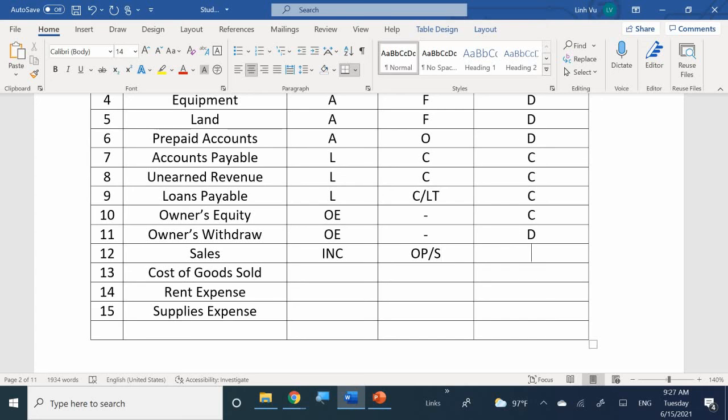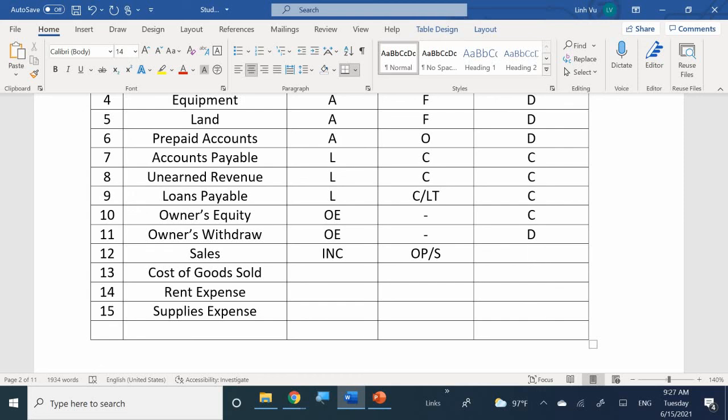Now, what kind of balance would sales have? A debit balance? All right, so revenues. Because you're bringing in revenue. If you're bringing in revenue, that would increase.